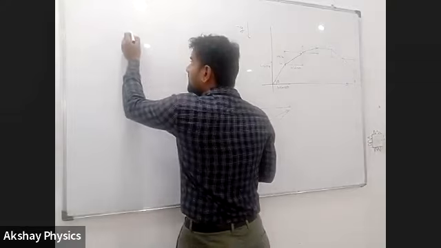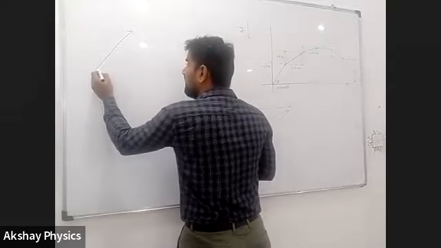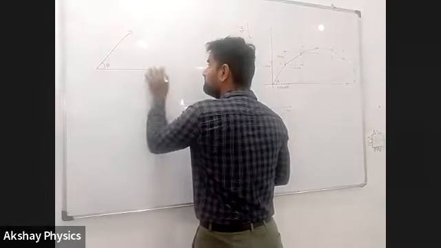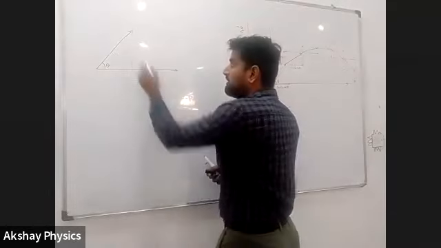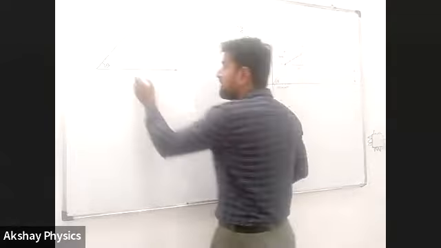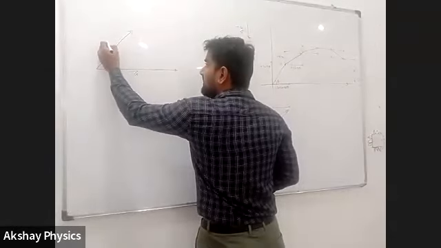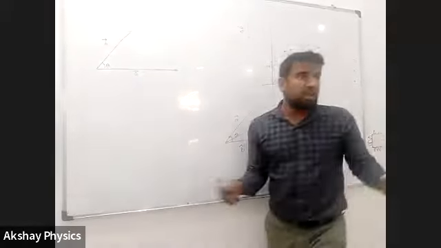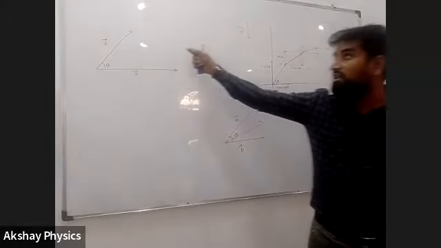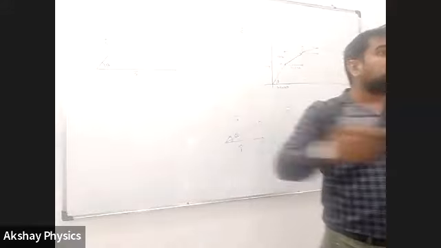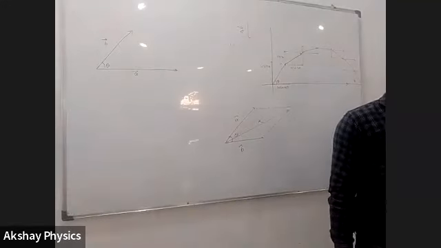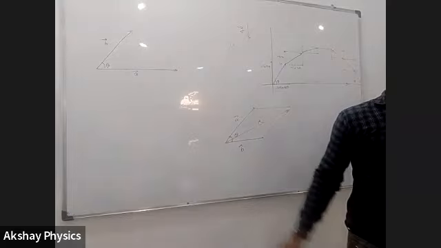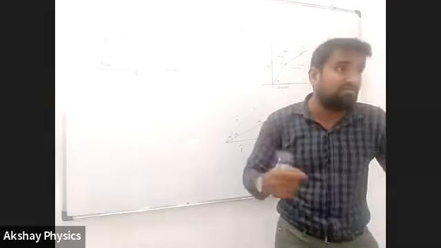If I have a vector in this direction and another vector in this direction, and there is an angle between them, let's say this is A vector and this is B vector. The formula that I am going to tell you applies on every two vectors, and they can be added by the formula that I'm going to derive.